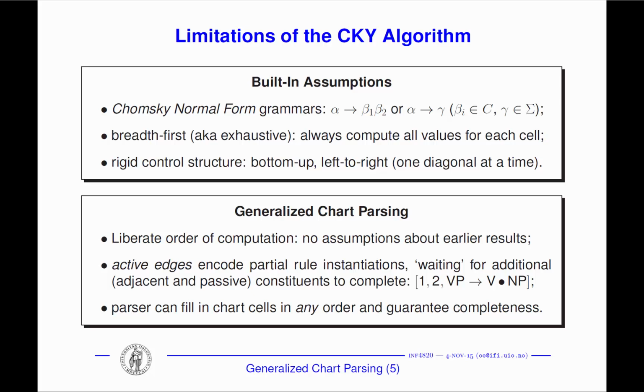So this is essentially an application of the rule VP goes to V NP, where what we have found so far is a V, but we haven't found the NP. This is an intermediate state of computation. These are the start and the end vertices, so this is essentially a promise, hoping to become a VP if only it could find an NP starting at position 2.